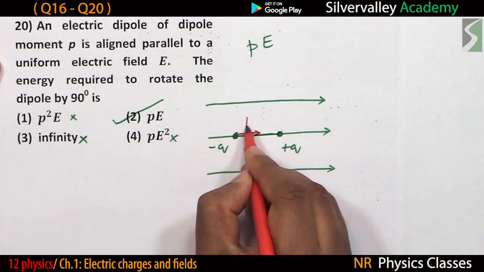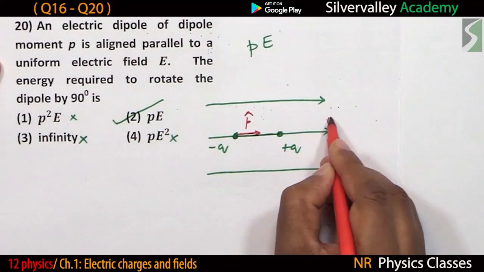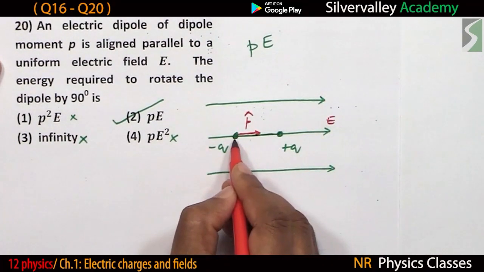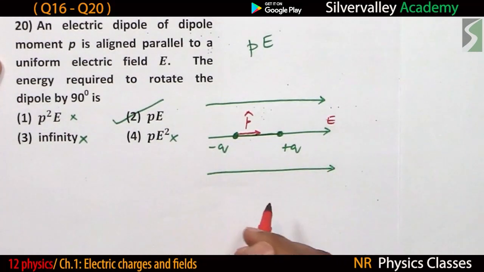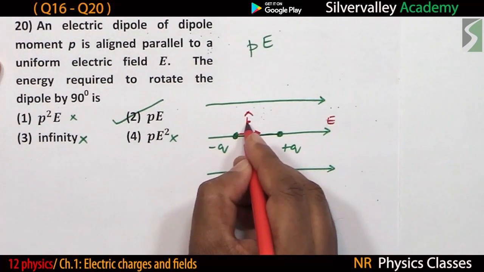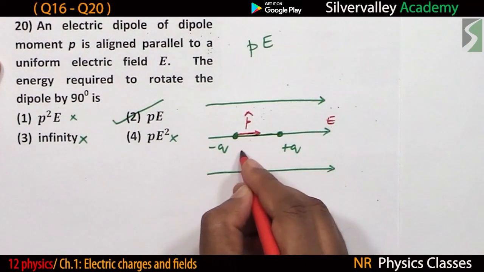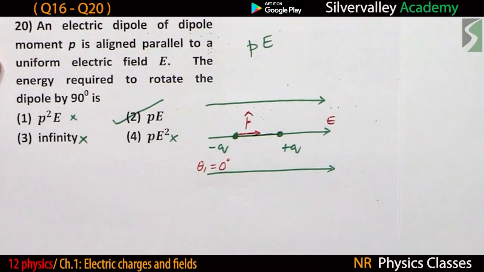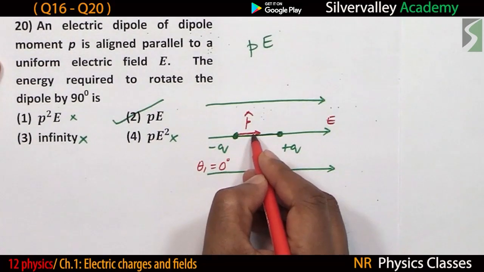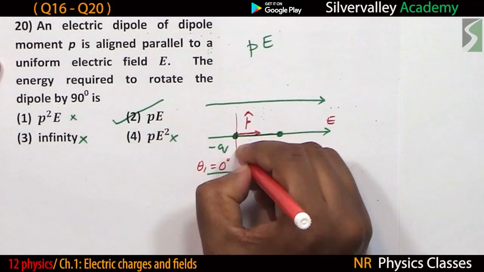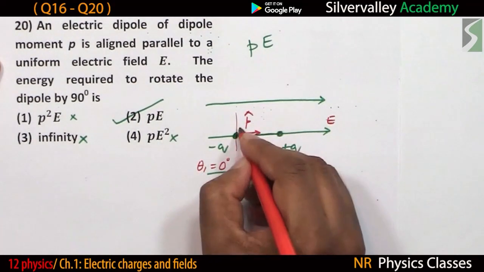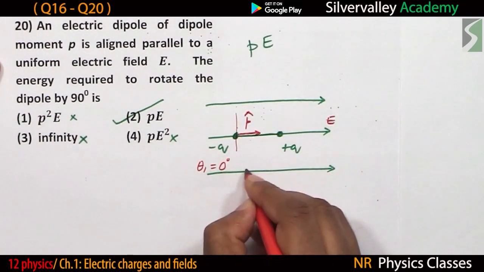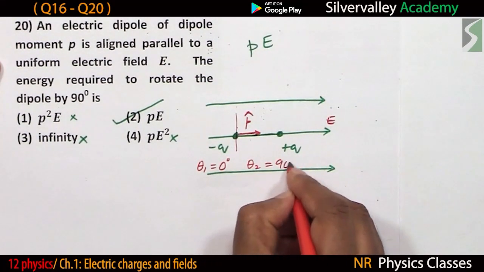So here P cap is parallel to the uniform electric field. That is why I have kept the dipole in this fashion. So here the angle between P cap and E is 0 degree. Therefore theta 1 equal to 0 degree. It is rotated from this position to 90 degree, which means theta 2 equal to 90 degree.